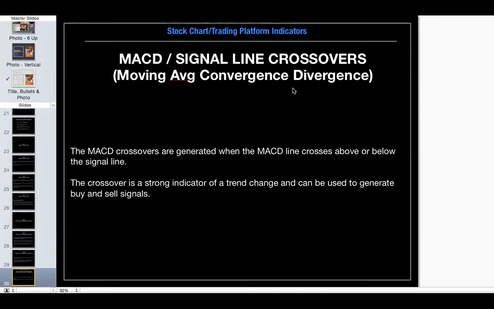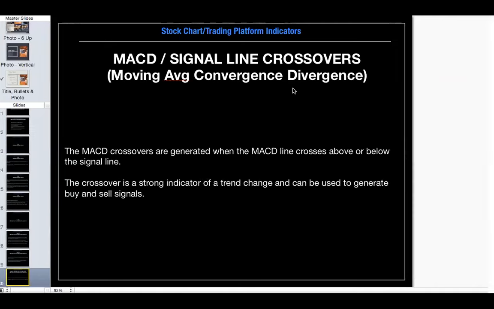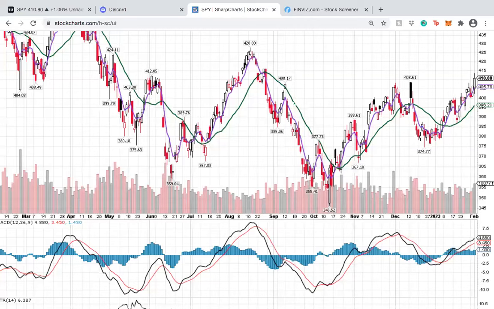So talking about this crossover, like I said, it happens when the MACD crosses over the signal line, and the crossover is a strong indicator of the trend change, and it's used to generate the buy and sell signals, right? So a lot of the times when Chris gets into trades, myself, we look at that MACD, right? We're looking for that MACD to just sort of curl up and roll itself above that line.